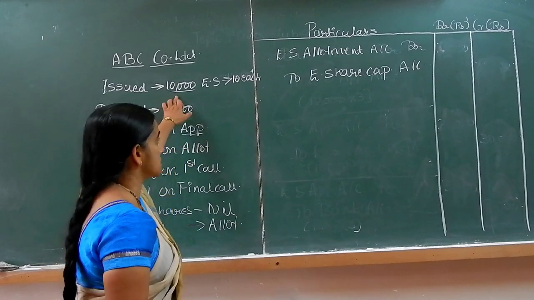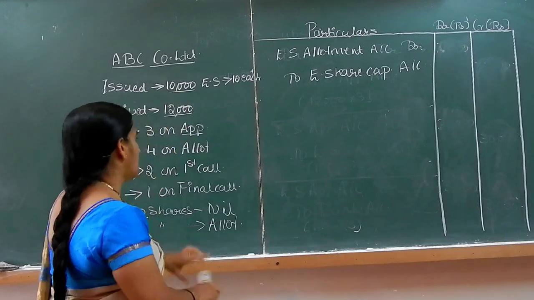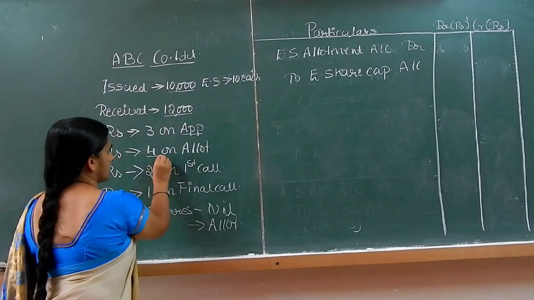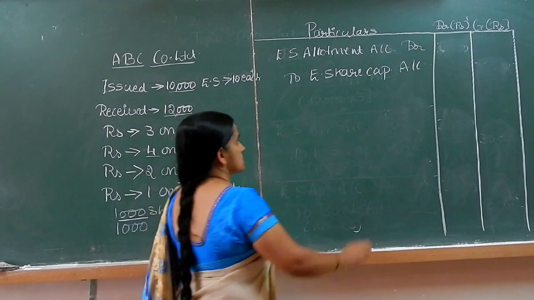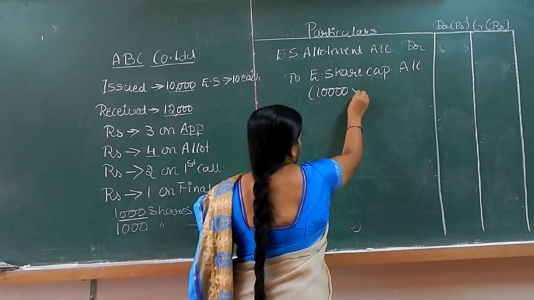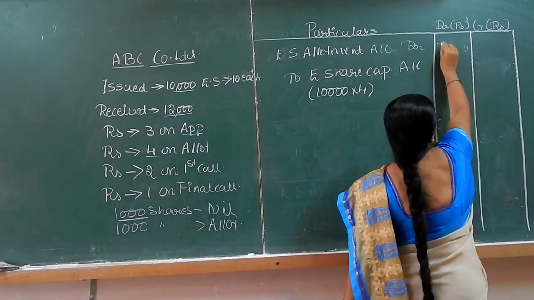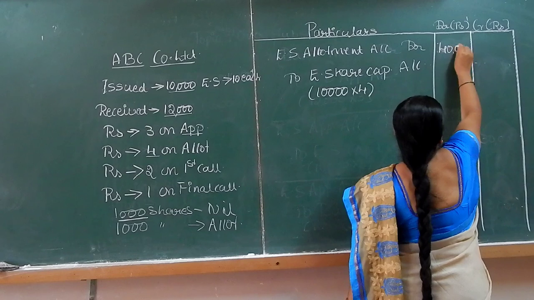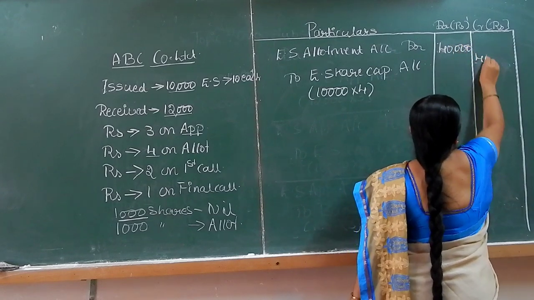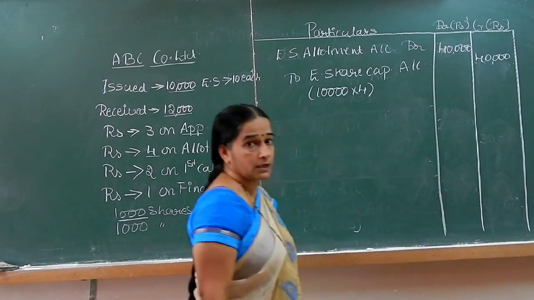Now how many shares are issued to the public? 10,000. 10,000 into allotment money. Allotment money is rupees 4. So how to calculate the money? That is 10,000 into 4. So what is the total allotment money? Total allotment money is 40,000.